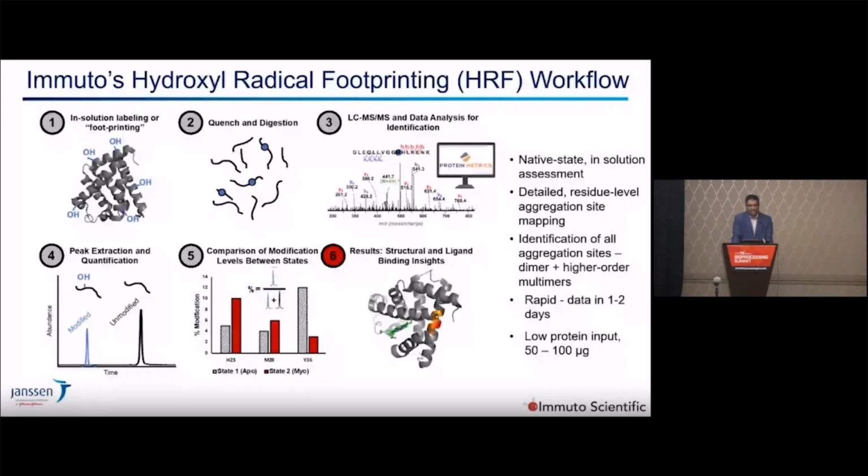This analysis can typically be completed in 1 to 2 days, and we only need 50 to 100 micrograms of total protein to complete it. So it's high throughput, with limited sample, and the complete analysis is end-to-end and takes a very short time.